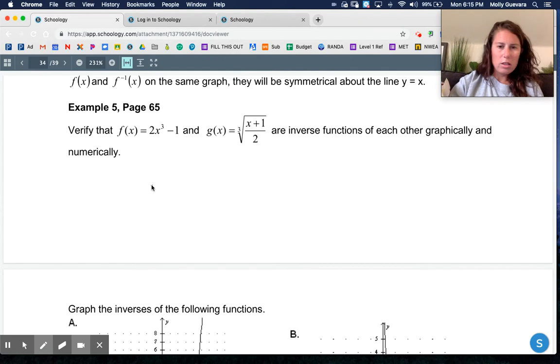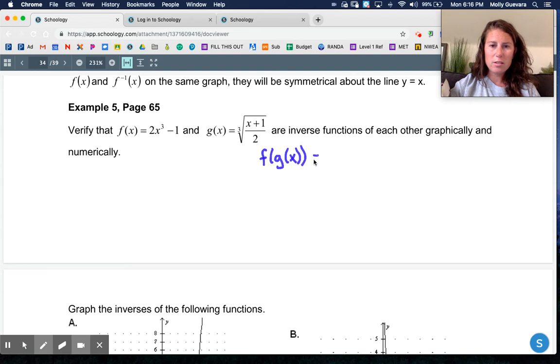So I'm just going to show you how to do this on your graphing calculator because it's probably faster. So the first thing I need is f of g. I need to know what that graph is, right? So I'm going to graph this. So I'm going to take g, I'm going to plug it in for f, right? And I have 2 times, oh, we already did this one, that's why we don't have to show it.